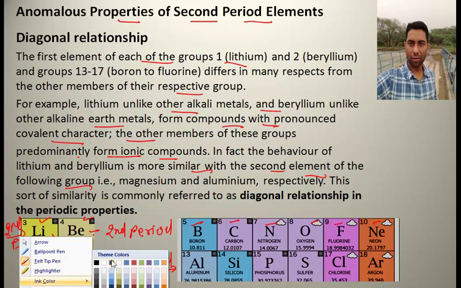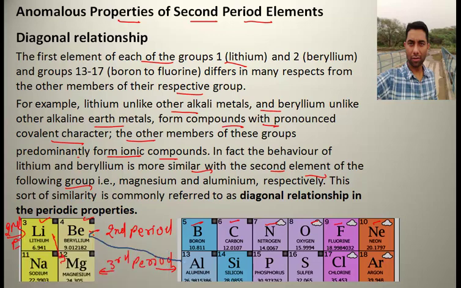whereas beryllium has properties similar to those of aluminium. Lithium and magnesium, and beryllium and aluminium, respectively. This sort of similarity is commonly referred to as diagonal relationship in the periodic properties. In the same manner, boron and silicon can also show diagonal relationship. Generally, we analyze the diagonal relationship on moving from left to right, between second and third period elements only.